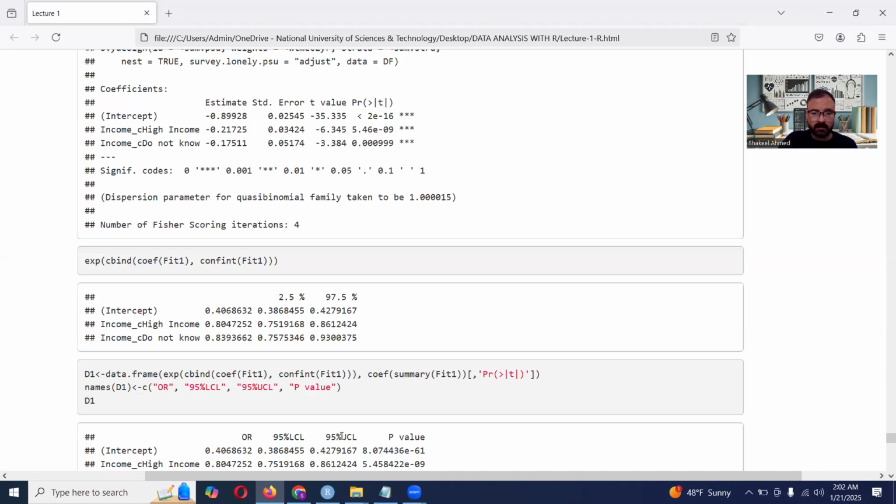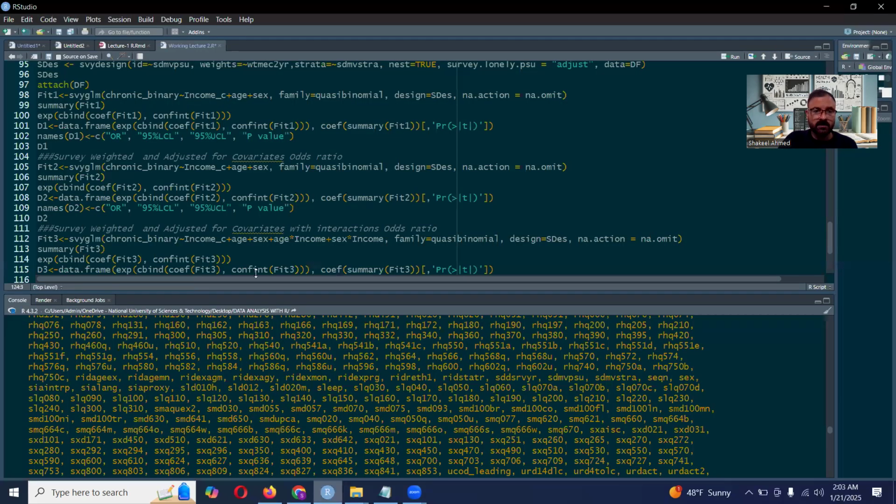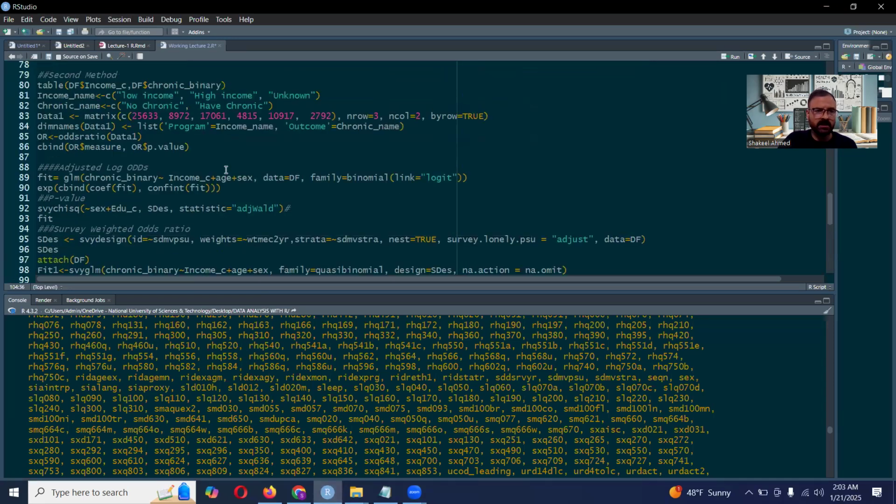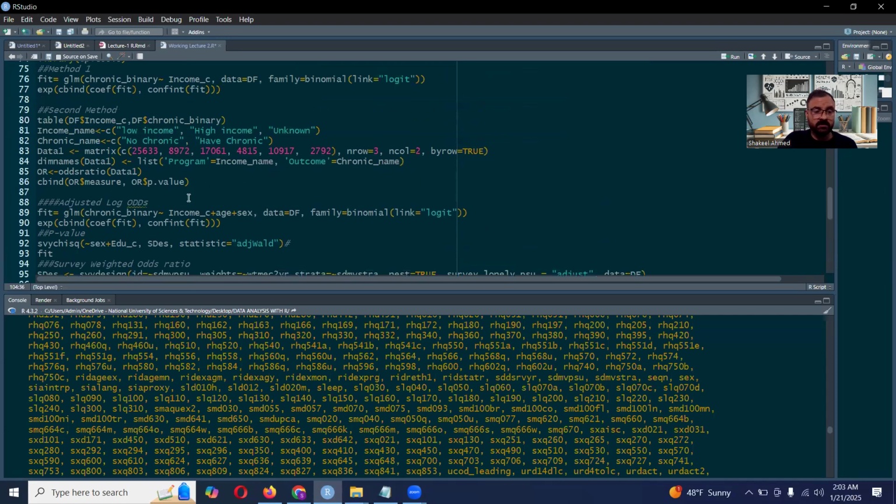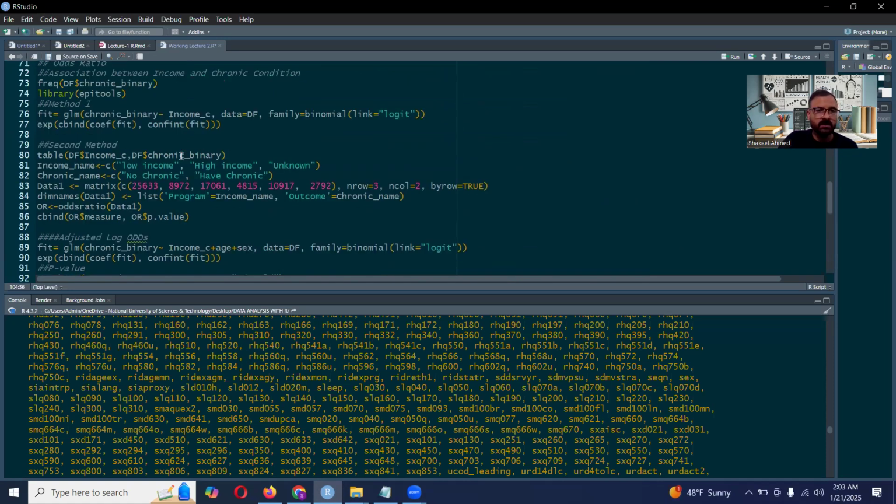So let's see how we can do this analysis in R. I have already extracted and cleaned the data, so we don't waste much time on data cleaning.